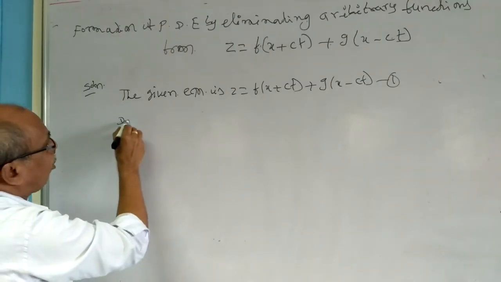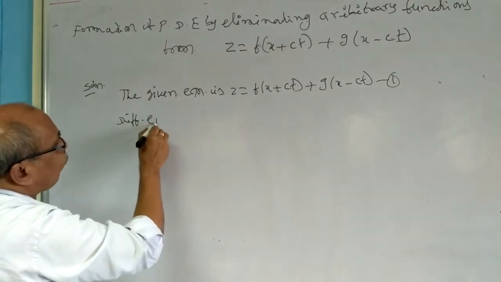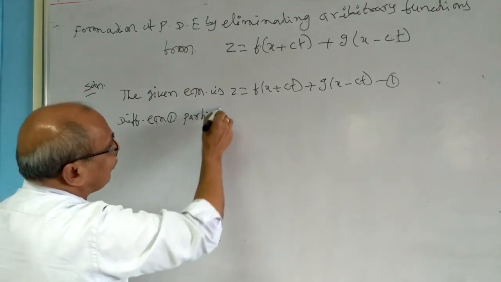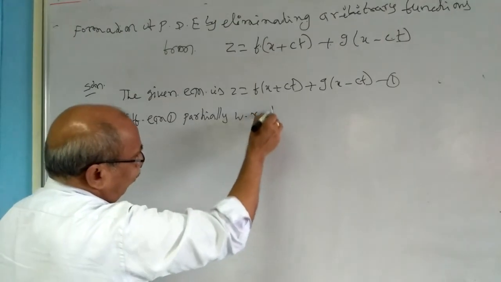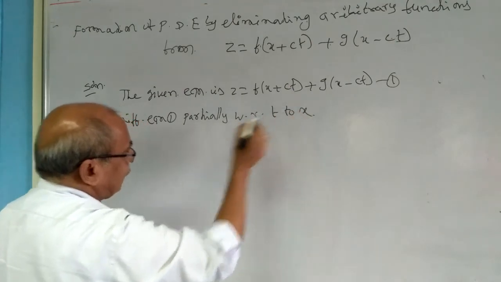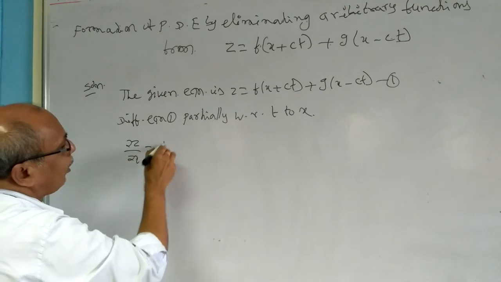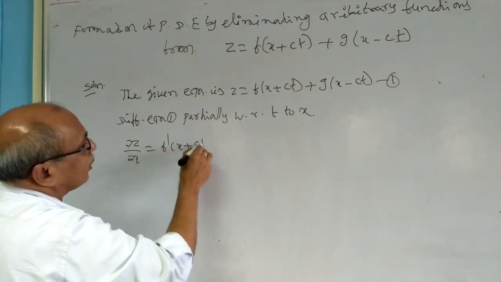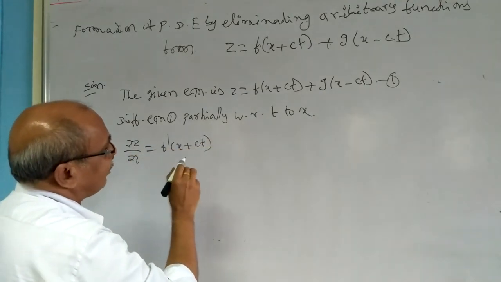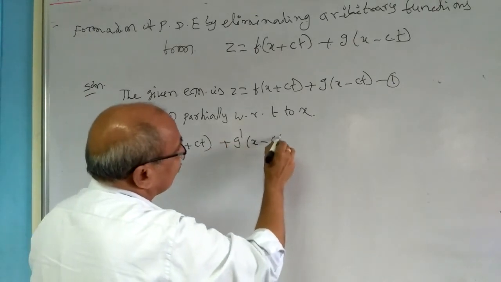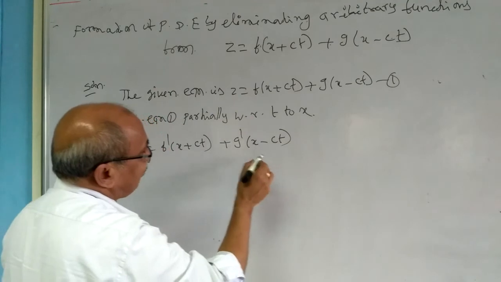Differentiating equation 1 partially with respect to x, that is dou z by dou x is equal to f dash x plus ct, differentiation of x plus ct with respect to x is 1, plus g dash x minus ct, differential of x minus ct with respect to x is 1. That is equation 2.